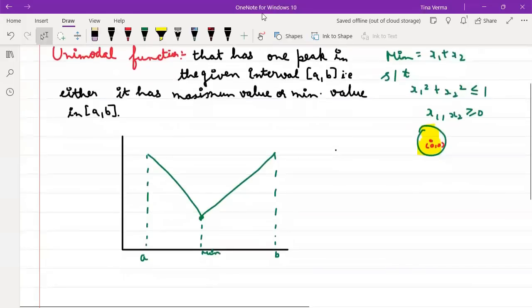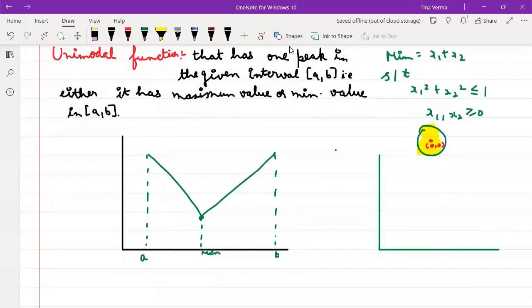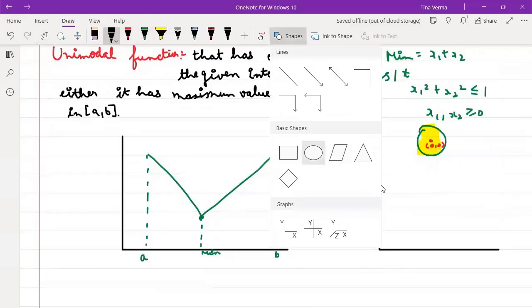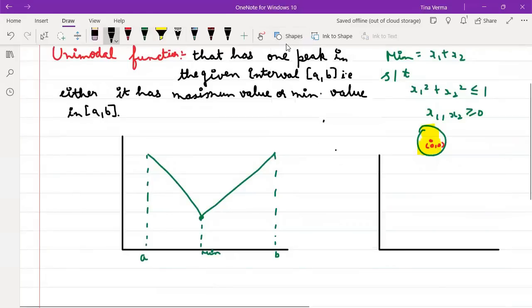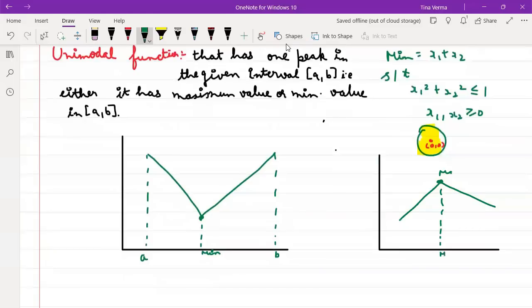On the other hand, the function can have a peak upward. So it will be like this. Here it has one peak and this value is my maximum value, and here your maximum lies. And this is my interval A and this is B. Is it clear? So this is a unimodal function.